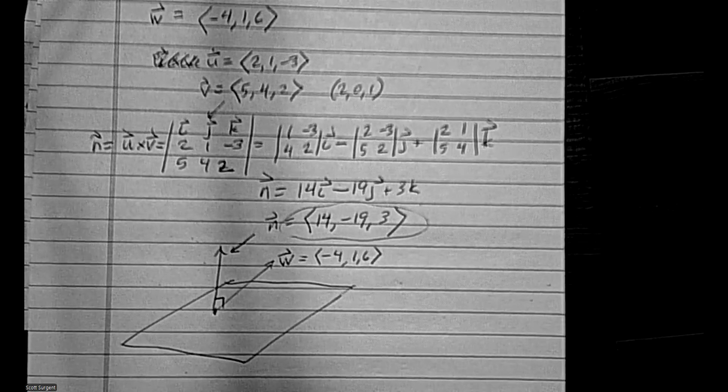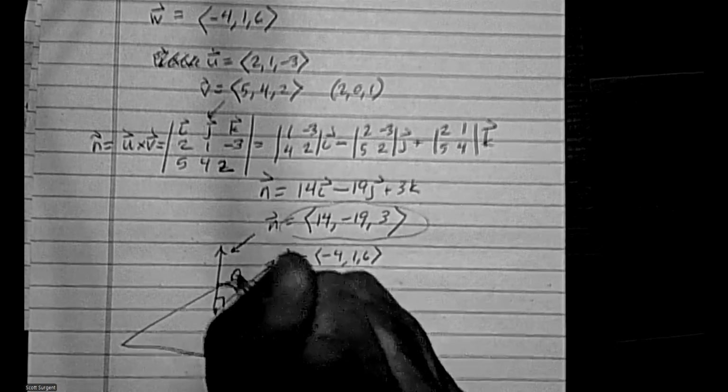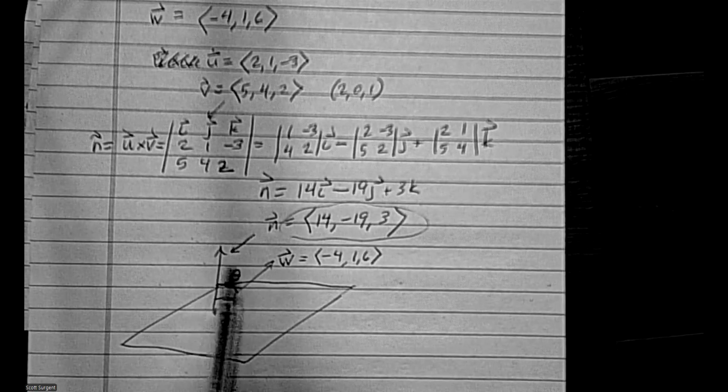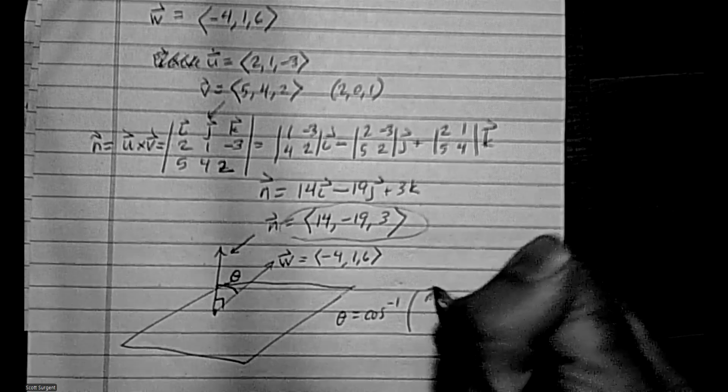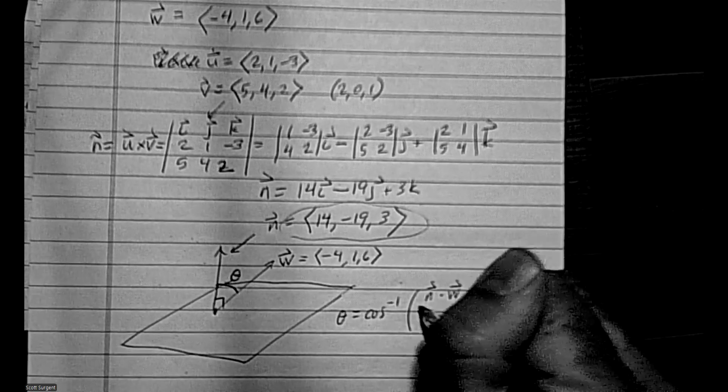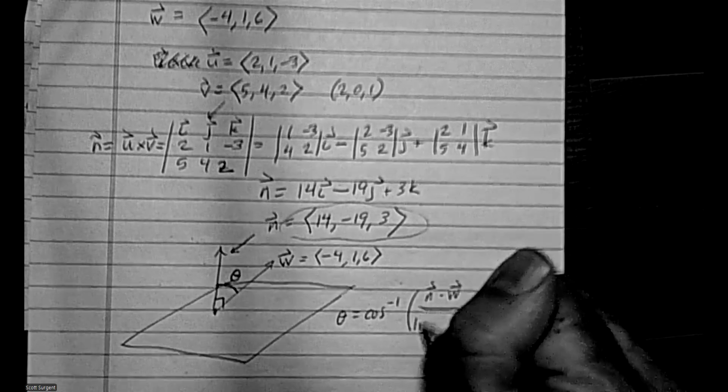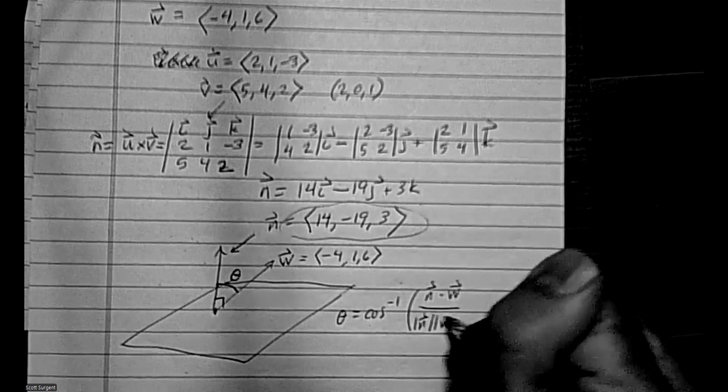Now, what I can do is find the angle between the w vector and the n vector. That's not the angle relative to the plane, but we're getting there. What I do there is use the dot product with arc cosine. So I have to do n dot w, divided by mag n, mag w. Let's work this out.